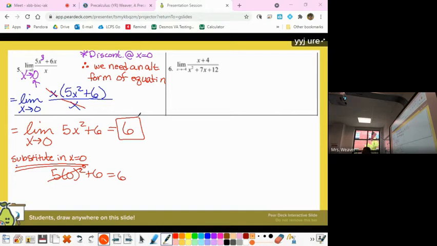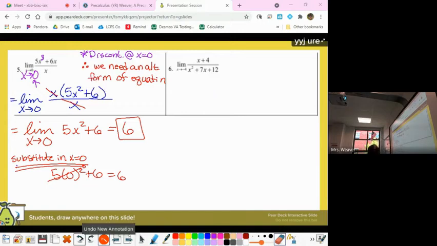Questions for me about that? What you have to be sure of is that the value you're evaluating at does not make the function discontinuous there. Say I didn't pay attention to that originally and just tried this problem. What would have happened if we just started trying substitution? It'll kind of take care of itself.